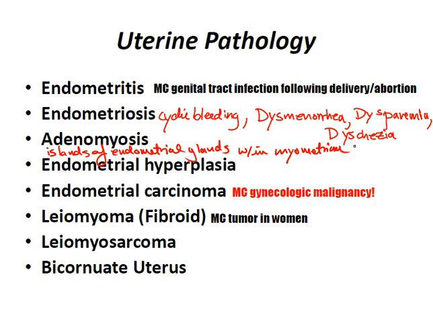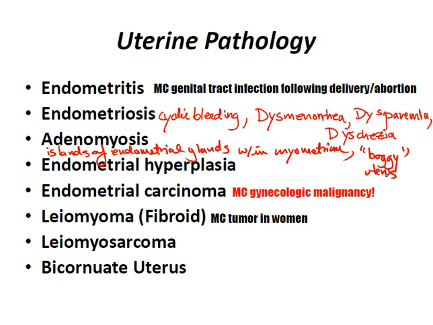It presents with menorrhagia and dysmenorrhea, and it's a symmetrically enlarged boggy uterus. So if you ever hear that term, boggy uterus, think adenomyosis.